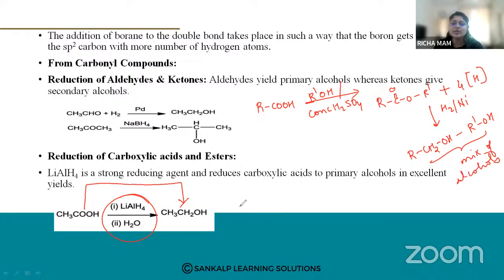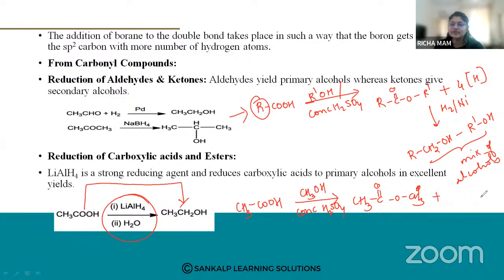Suppose I take acetic acid, CH3COOH, and here I'll take methanol in the presence of concentrated H2SO4. Can you tell me the product? It will be CH3COOCH3, so I'll get methyl acetate.